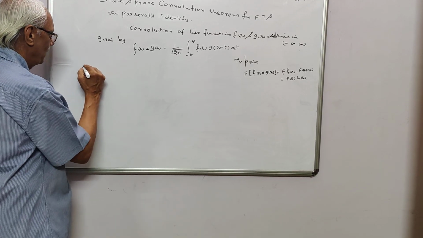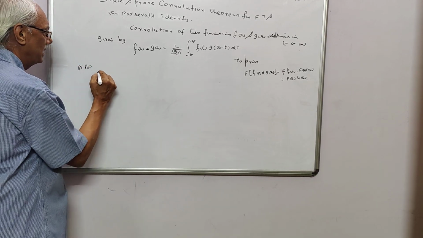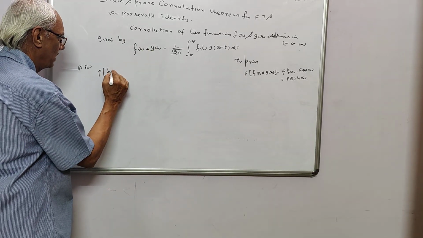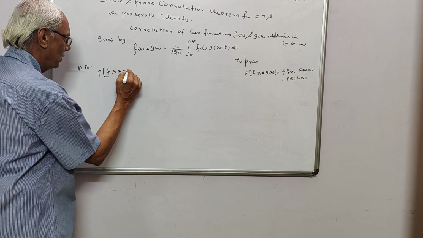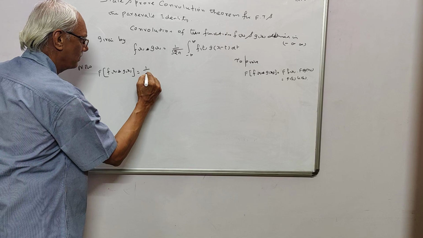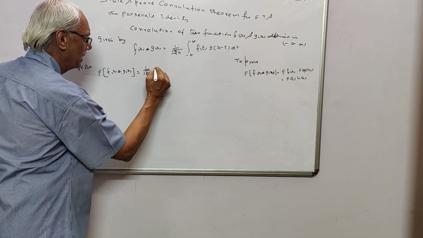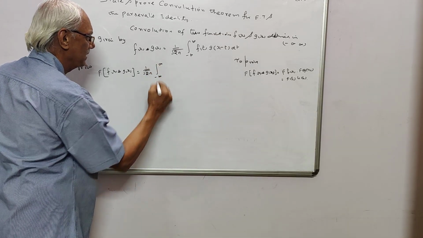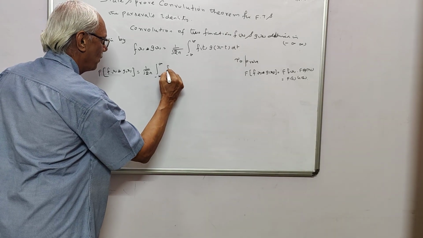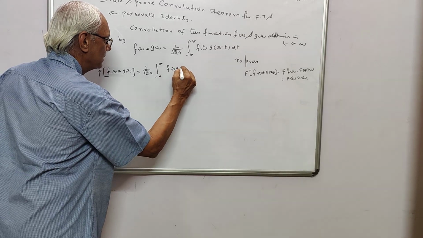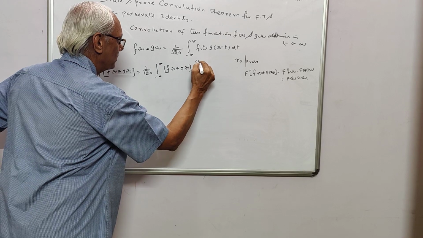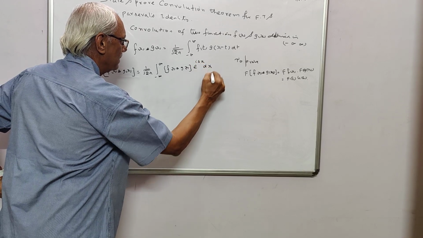Now I'll write here: apply the Fourier transform. F of f of x star g of x is equal to 1 by square root of 2 pi, integral of minus infinity to plus infinity, f of x convolution g of x, e to the power of isx dx.